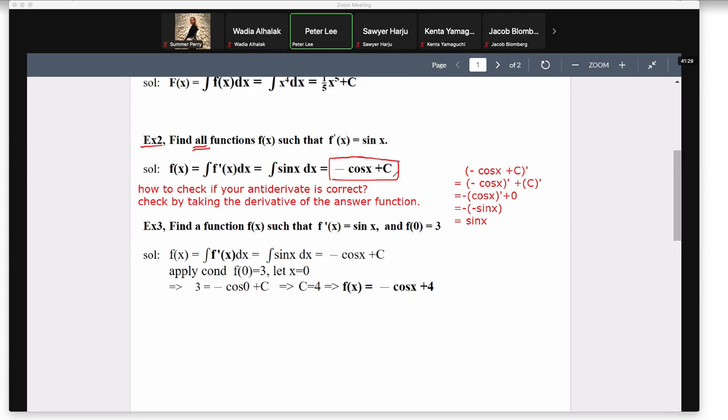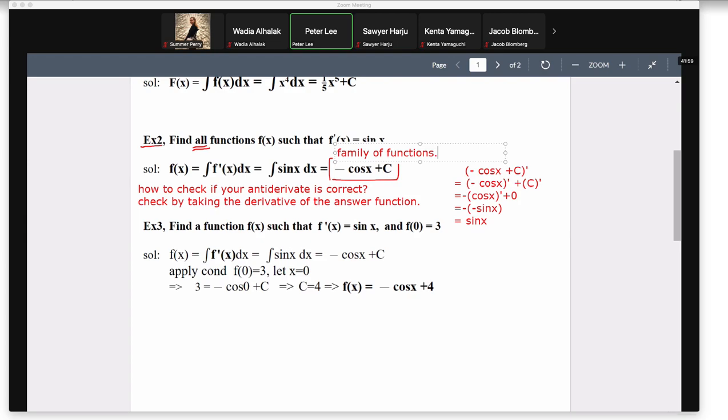Even though the difference is only a constant, this final answer is actually a family of functions, meaning many functions, although the difference is only a constant distance. The difference is not that interesting, but still, it is a family of functions.